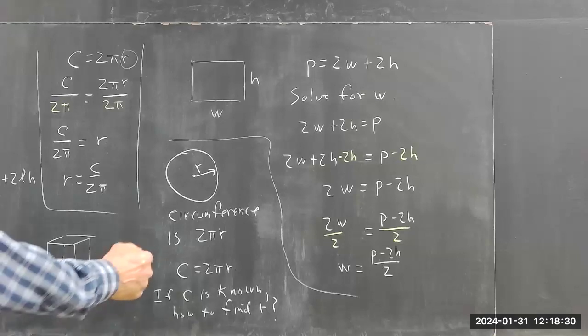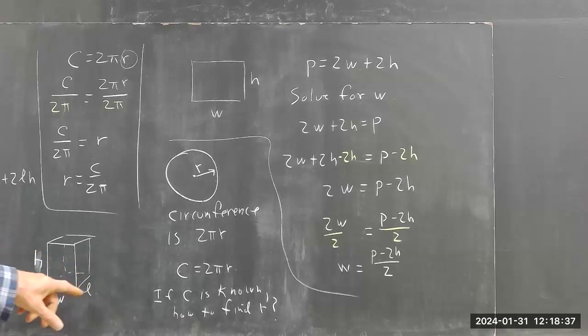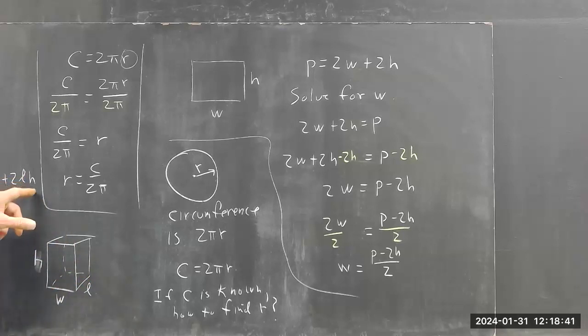If we look at the right face, its dimensions are L by H. So to get the area of the right face, we multiply L by H. But the area of the left face is the same as the area of the right face. We have two LH. In the top and bottom, the bottom is W by L, so its area is W times L. And the bottom and the top are equal, so we have two WL. So we're putting a little geometry into this.